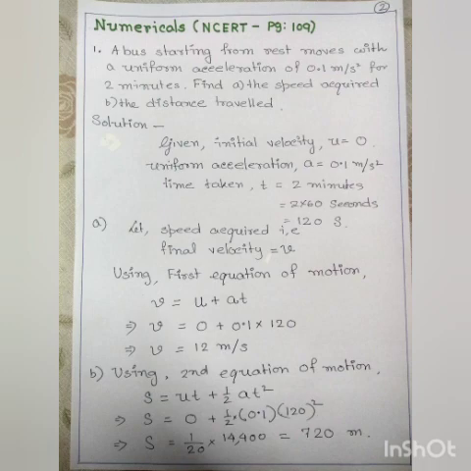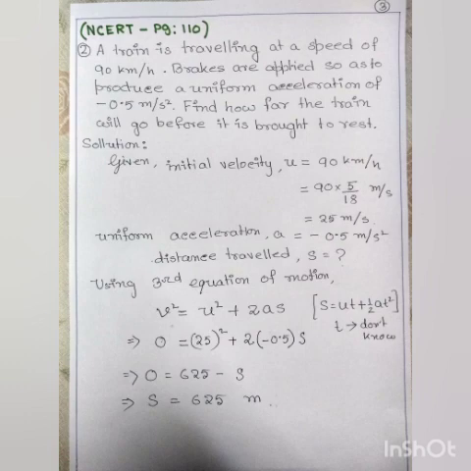You just derived it. So you can use the third equation of motion also, and you will get the same value of displacement. Okay. Now next problem from your NCERT book, page number 110 and question number 2. A train is traveling at a speed of 90 km per hour. Brakes are applied so as to produce a uniform acceleration of minus 0.5 meter per second square.